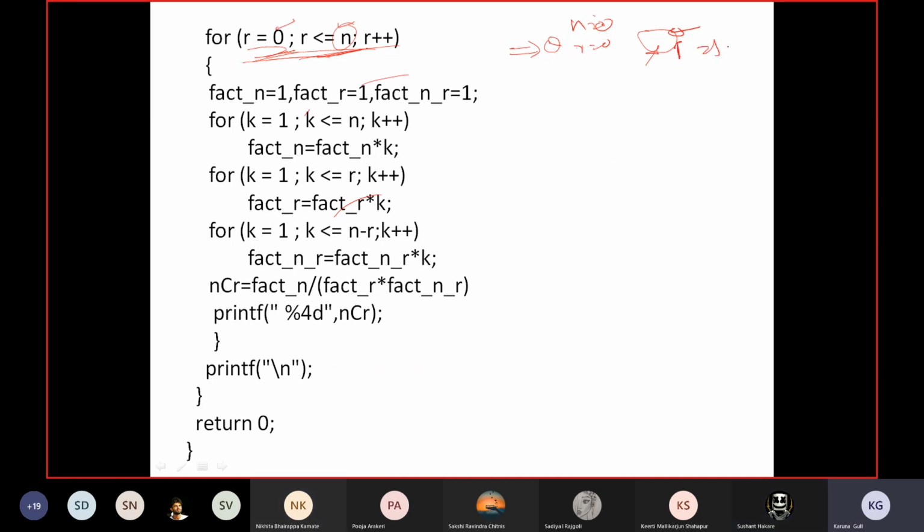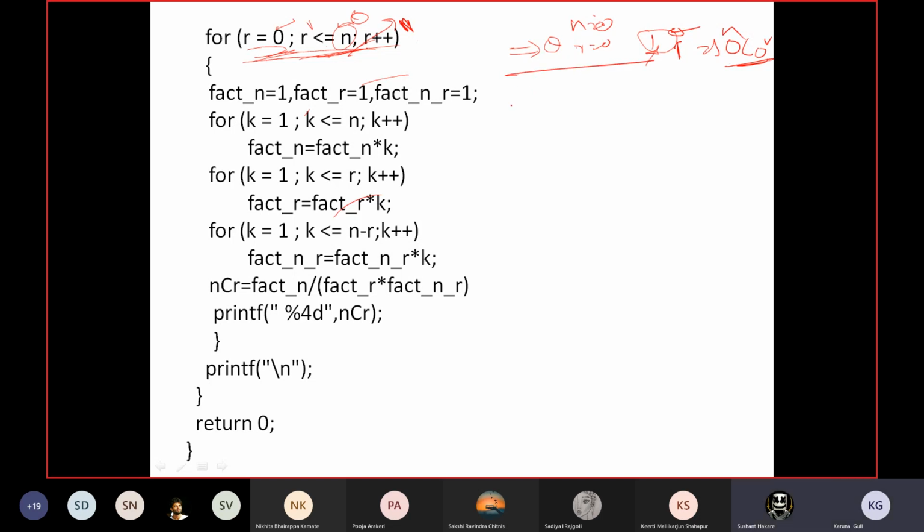How do I get this? 0C0, that is nCr. That's what I am doing here. Afterwards r is incremented, I am going to get this as 1, but it is not less than or equal to 0, so I am coming out of that. So I am not printing anything other than 1 on the first line.